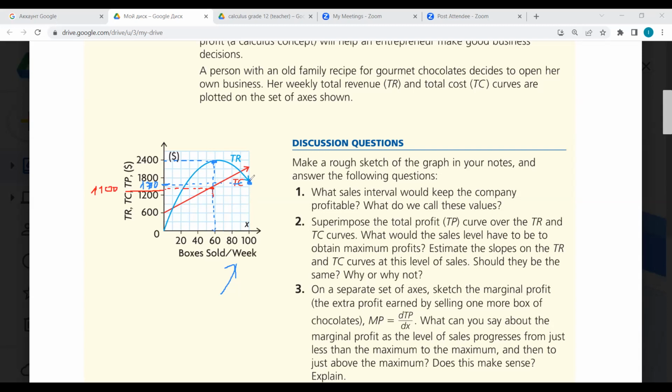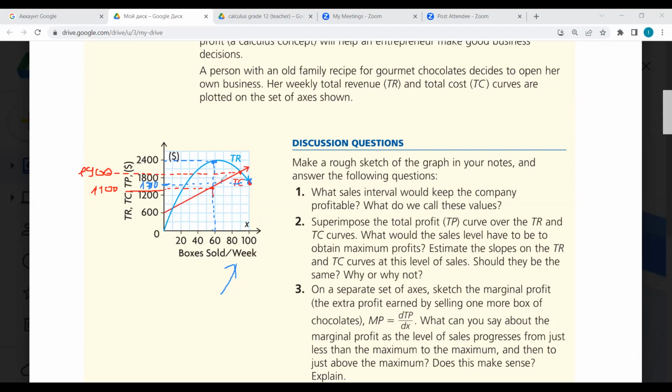And when we have 100 boxes per week, we have this much expenses, 1,900. You see? While we earned 1,700 when we sold 100 boxes per week, we spent 1,900.